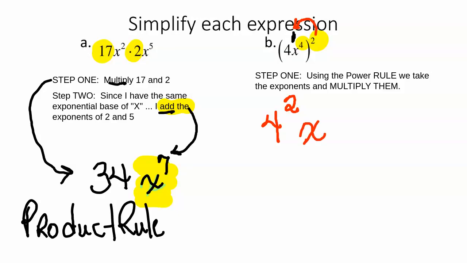Now this x is going to take the 4 that's behind it and multiply by the 2. Now, this 4 squared, you are going to need to know, because we did this in cycle 1. This is going to give me 16x to the 8.